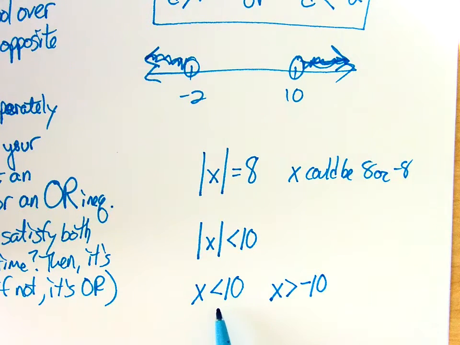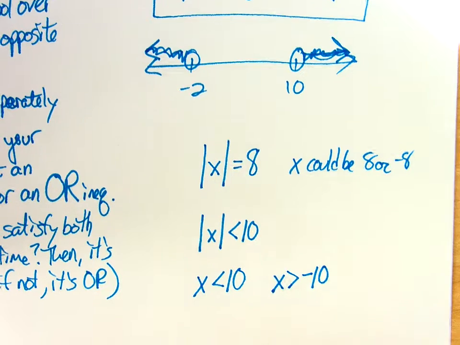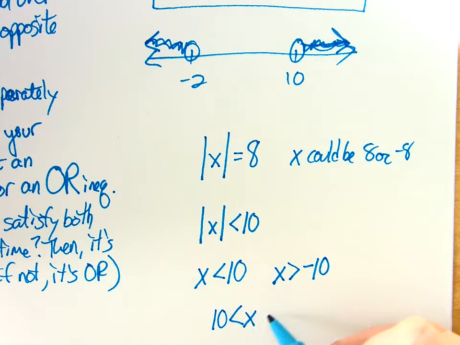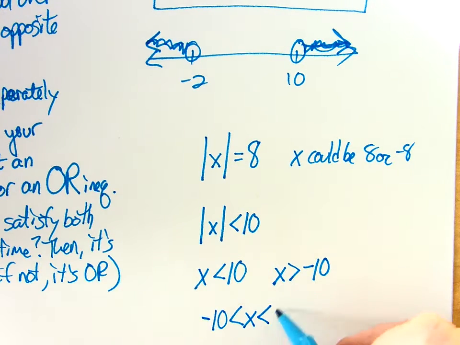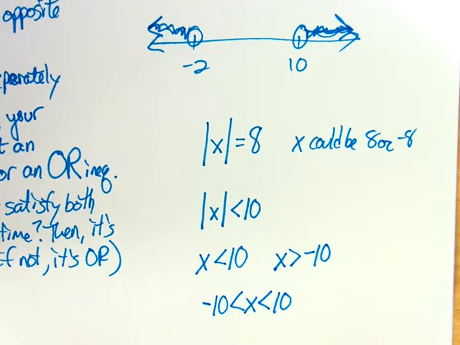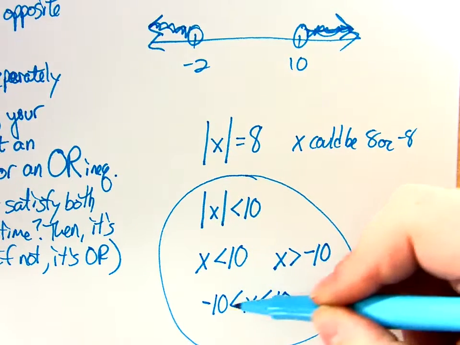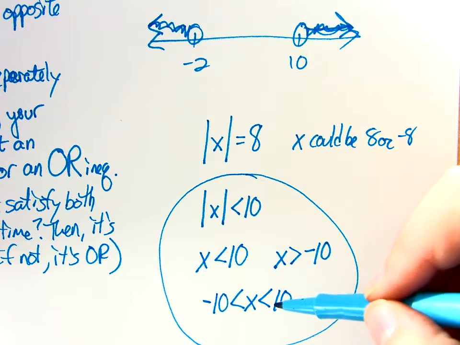Do numbers exist that are less than 10 that are greater than negative 10? Yes. This is an and. So I would write this like this. Oh, sorry, negative 10. So the answer to this one is anything in between negative 10 and positive 10.